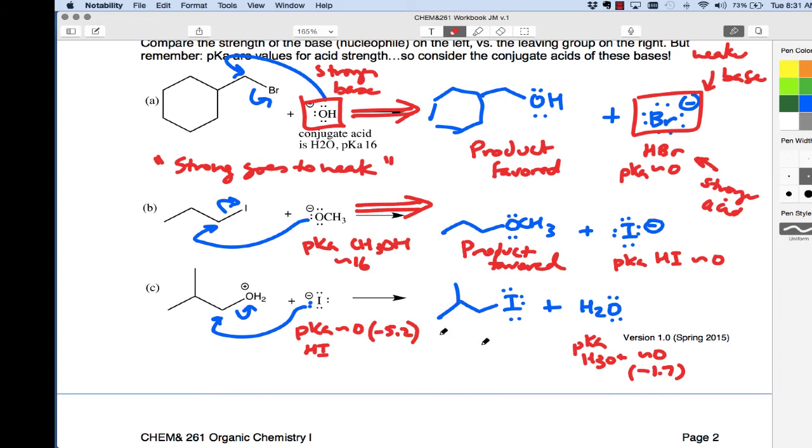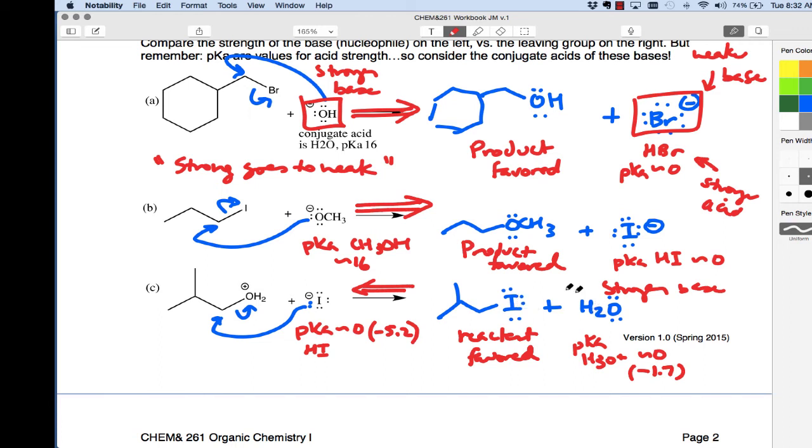So here we have, not a great difference like we did up here, 16 versus 0, but it's still enough to say it's going to be stronger on the right, stronger base, and it's going to push slightly that way. So this is going to be reactant favored. Again, pKa difference of about 3 units equates to 10 to the 3.